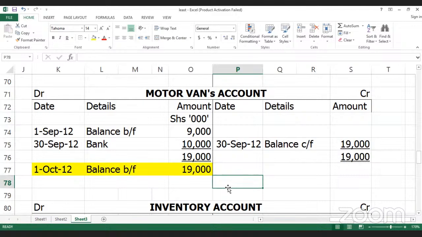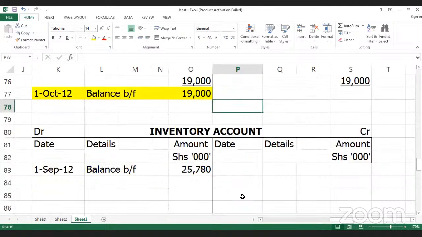So we are moving to the next account, that is the inventory account. Look at the inventory account. Of course, you'll see that the debit side is greater than the credit side.